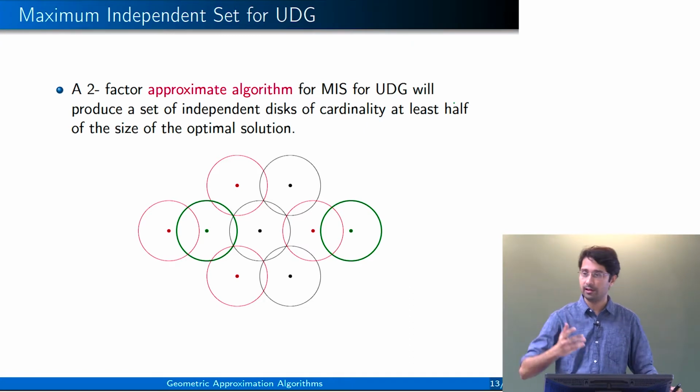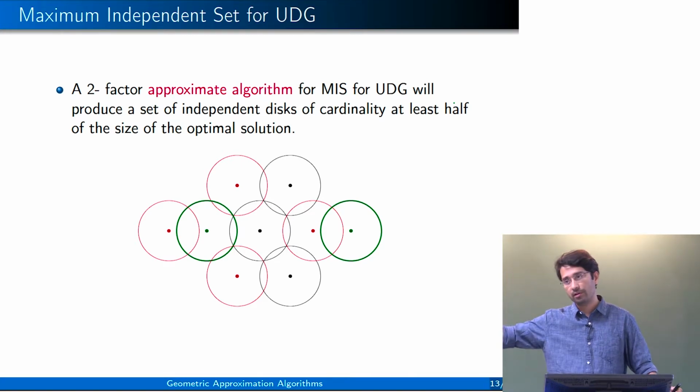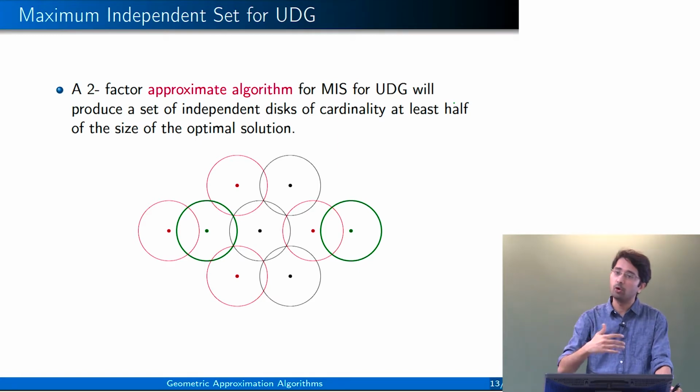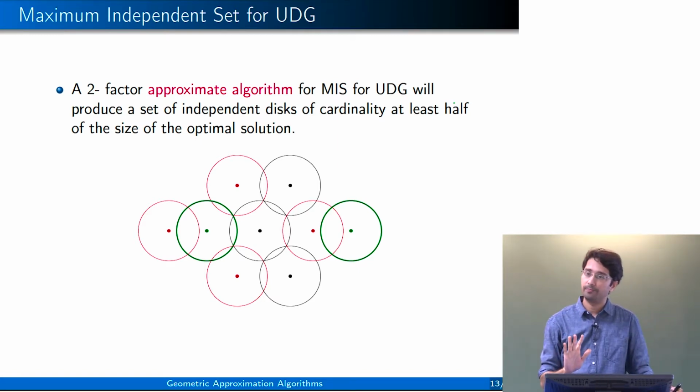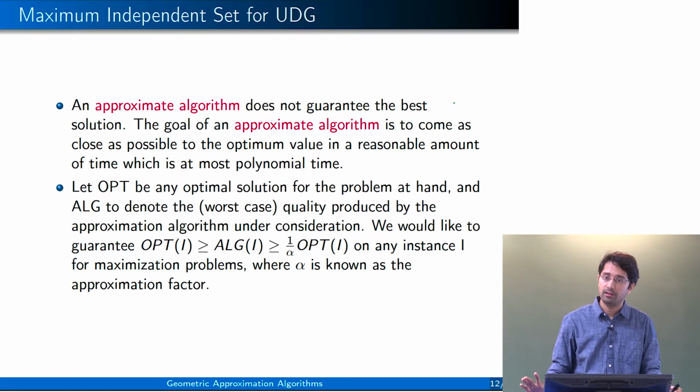You give me any instance, if opt is say k, my algorithm will produce an output of at least opt divided by alpha. Alpha is the approximation factor. I will not be able to produce the maximum, but I will produce something which is close to the maximum. This is, very vaguely speaking, the formal definition of an approximation algorithm.